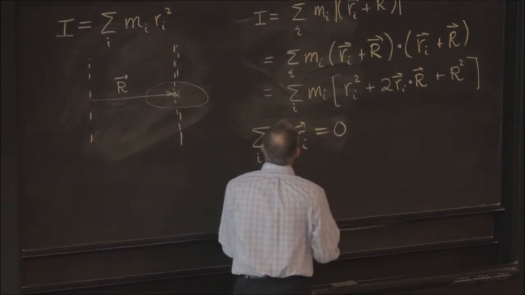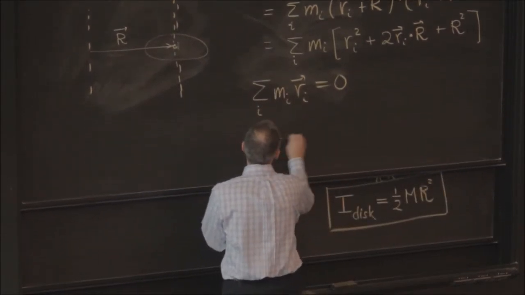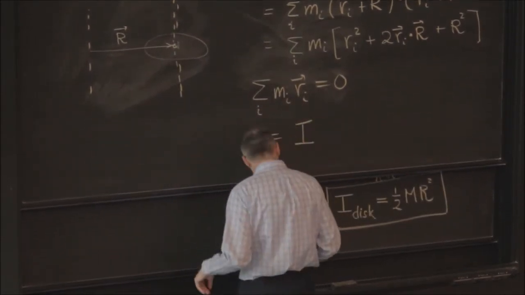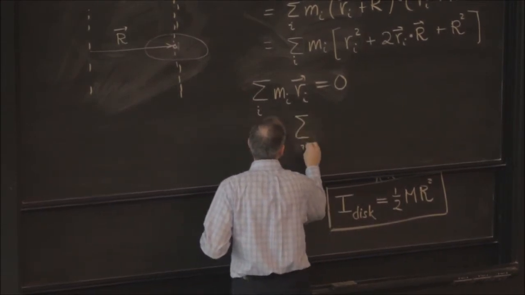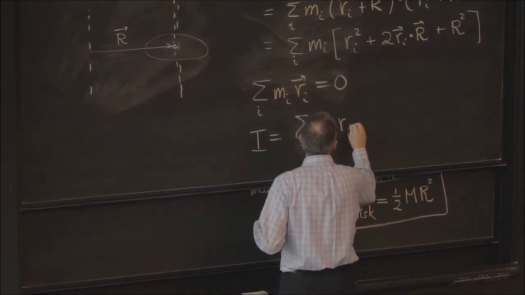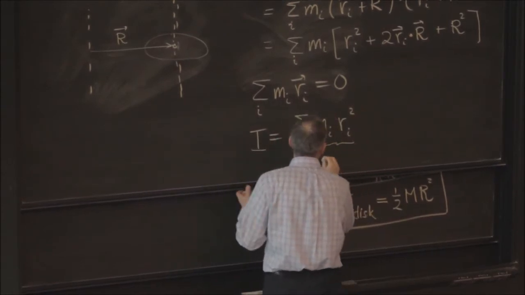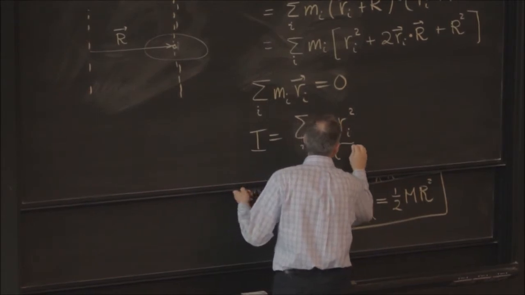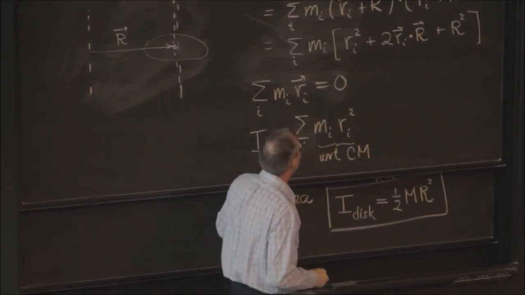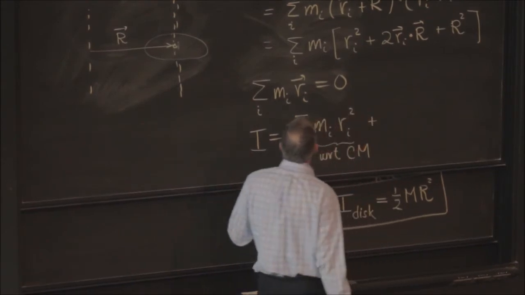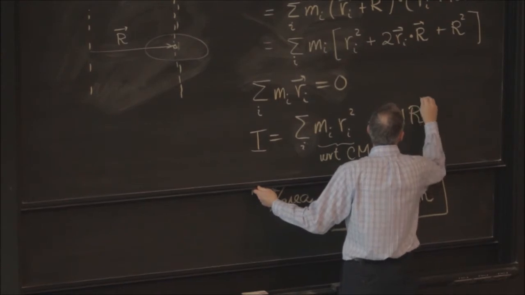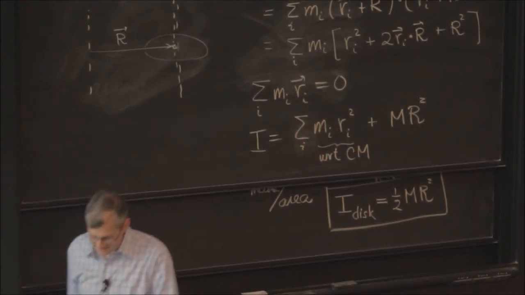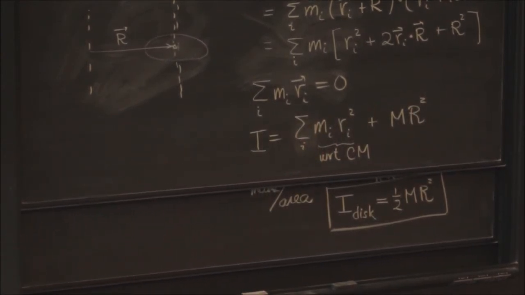And I'm left with the moment of inertia is equal to the sum on i, m sub i, r sub i squared, where this is with respect to the center of mass, plus what's left is the sum over all the masses, that's the total mass, times R squared, the distance that I've moved the axis of rotation away from the center of mass.